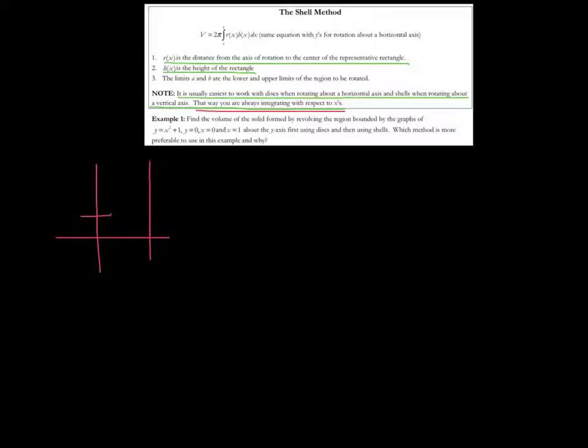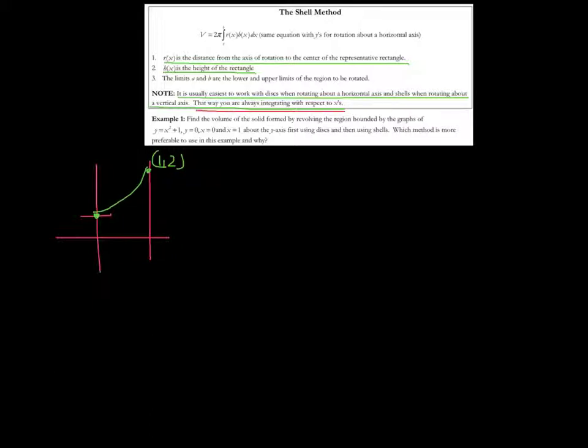And so we know that this parabola is going to be connected at 0, 1. And if we plug 1 into the parabola, we get the point 1, 2. So we have this parabola right there. And we want to take this region and we want to rotate it about the y-axis.